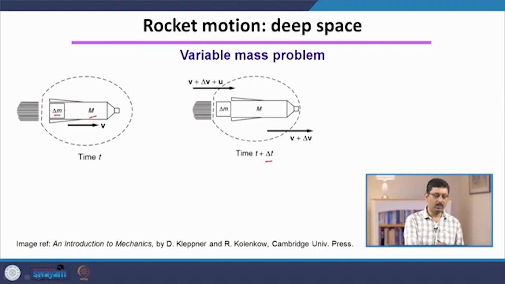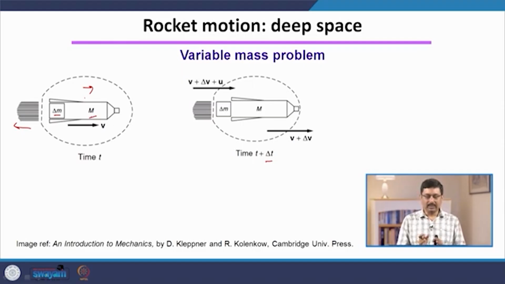It exerts a force on this fuel to eject it in this direction, and then by Newton's third law the fuel pushes the rocket in the opposite direction. This is the thrust force, and that is how the rocket can accelerate.